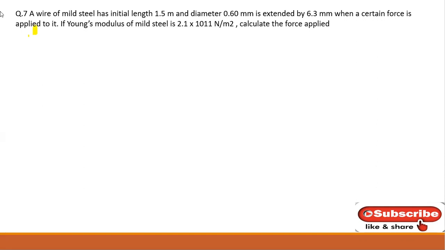So first we will write what is given in the question. L is equal to 1.5 meter. Diameter is 0.60 millimeter. Therefore, radius is 0.30 millimeter, that is equal to 3 into 10 raised to minus 4 meter.